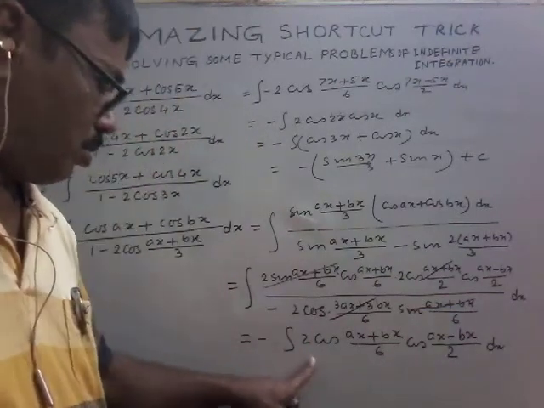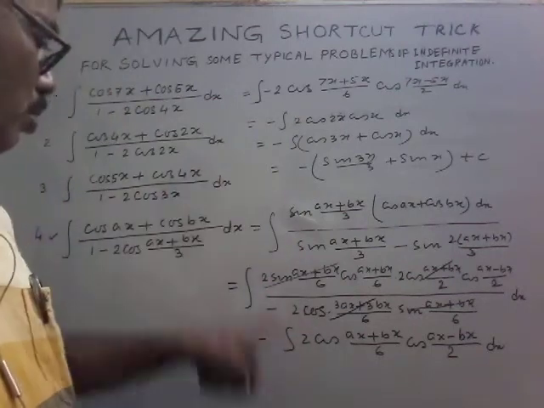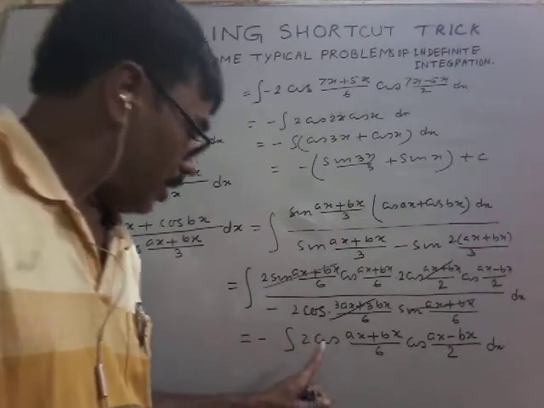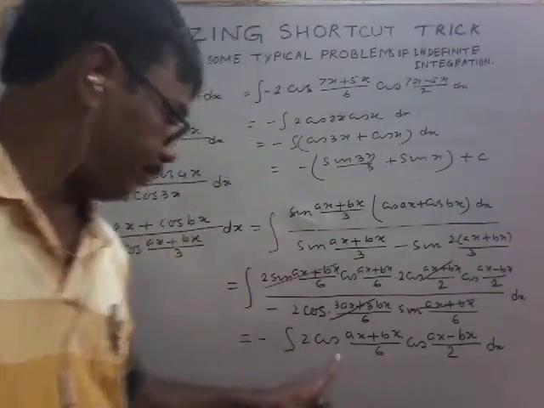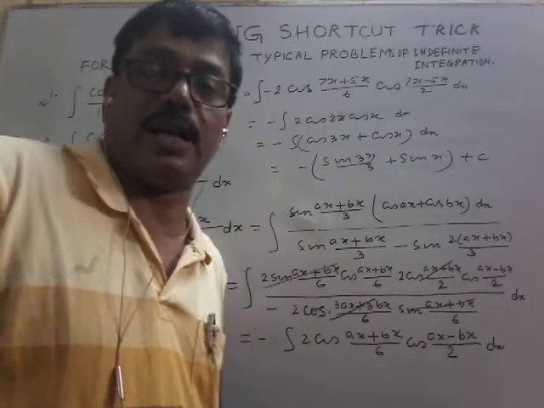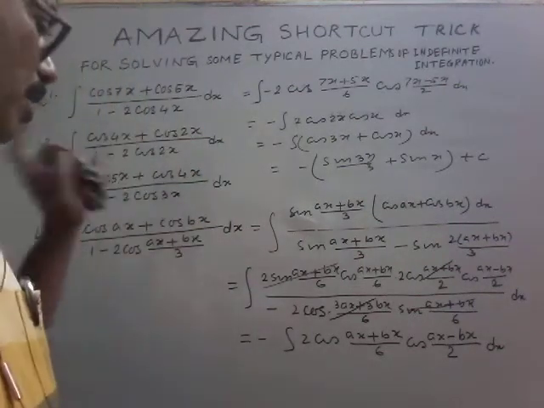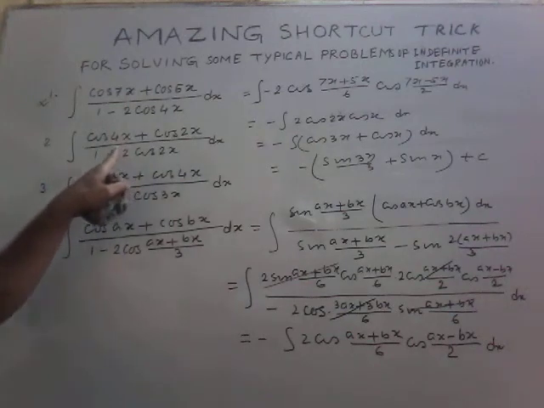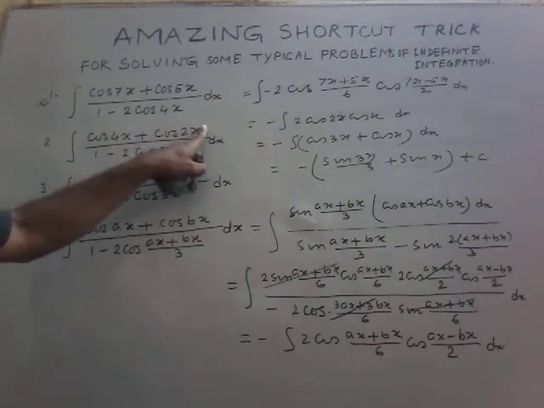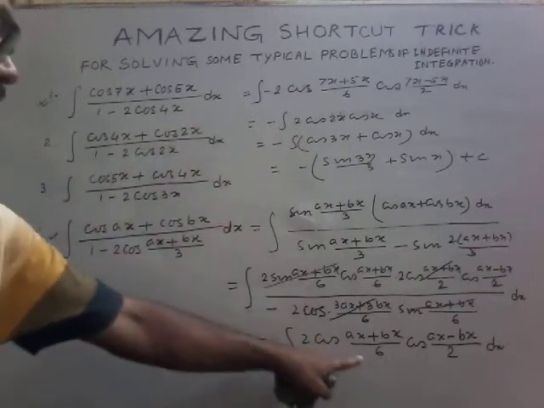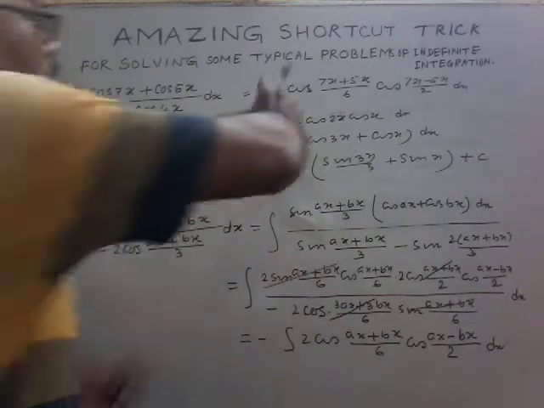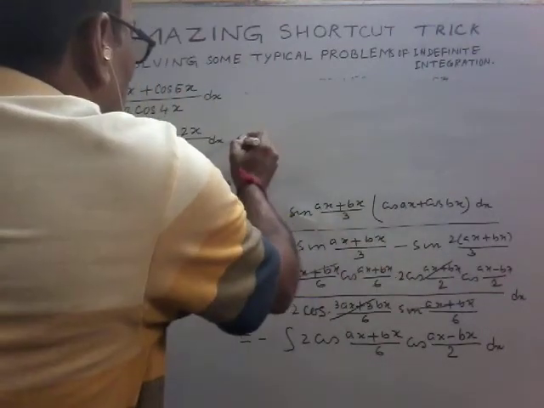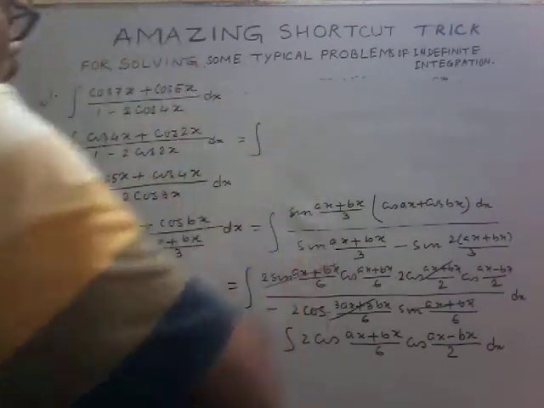It is not easy to remember, so you should know the technique for how to solve this. Now if you are able to memorize this result, then these problems are very simple. Look, for the second one, the sum of angles is 4x plus 2x, 6x by 6, and it will take maximum 1 minute.